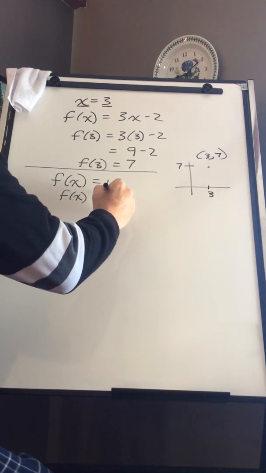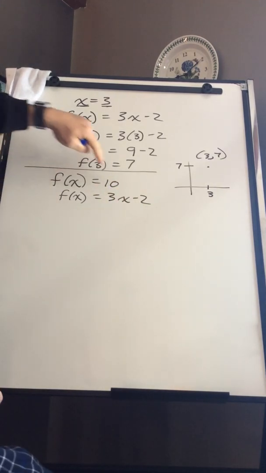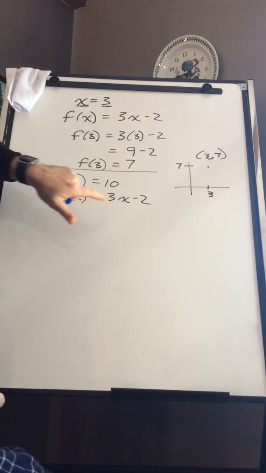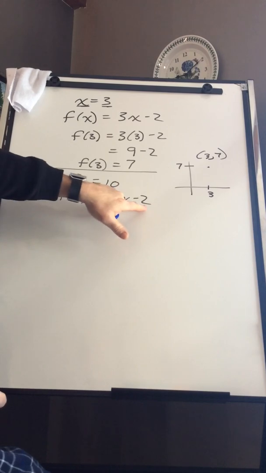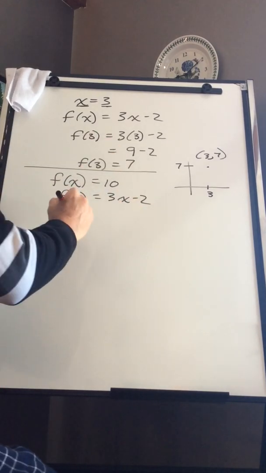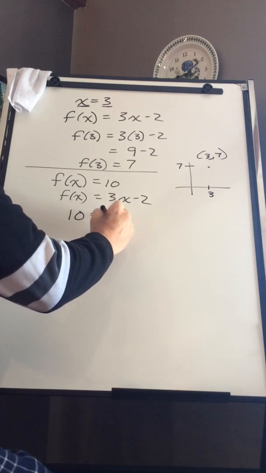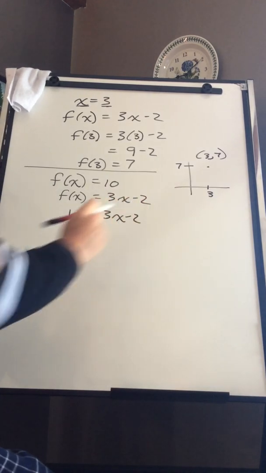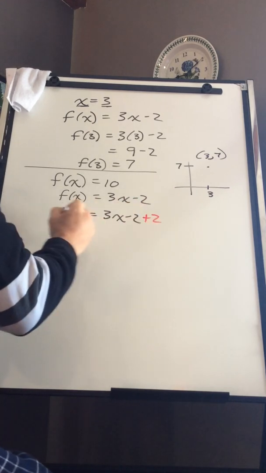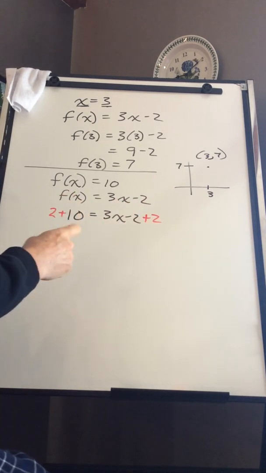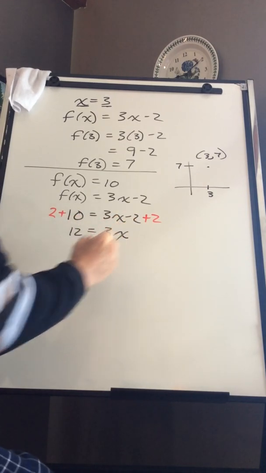Equals 3x minus 2. Now think of it this way. f of x equals 10. f of x also equals 3x minus 2. So that means 3x minus 2 has to equal 10. So I replace f of x with 10, and now I have 3x minus 2. Do our algebra, add 2 to both sides, and I get 12 equals 3x.